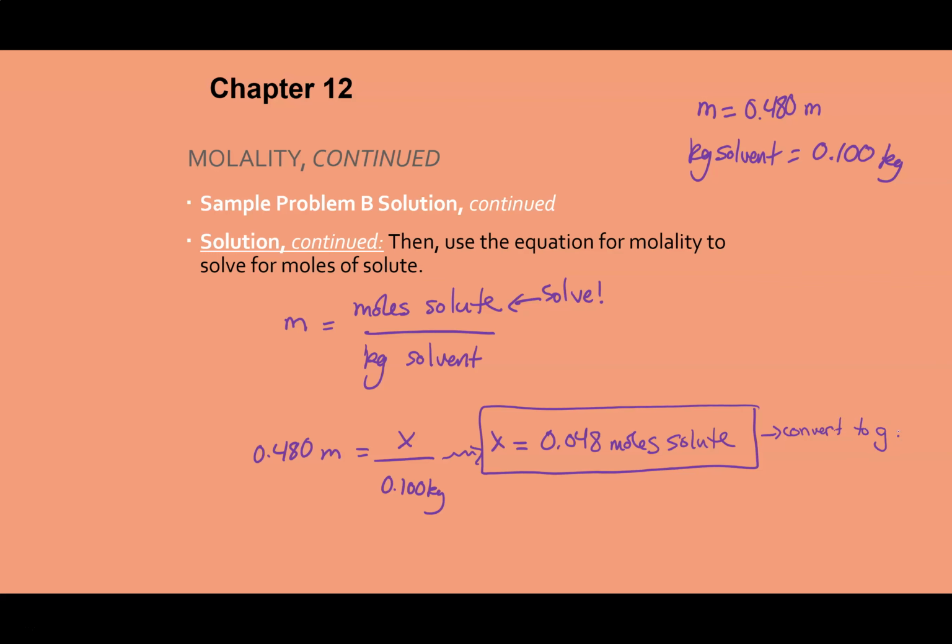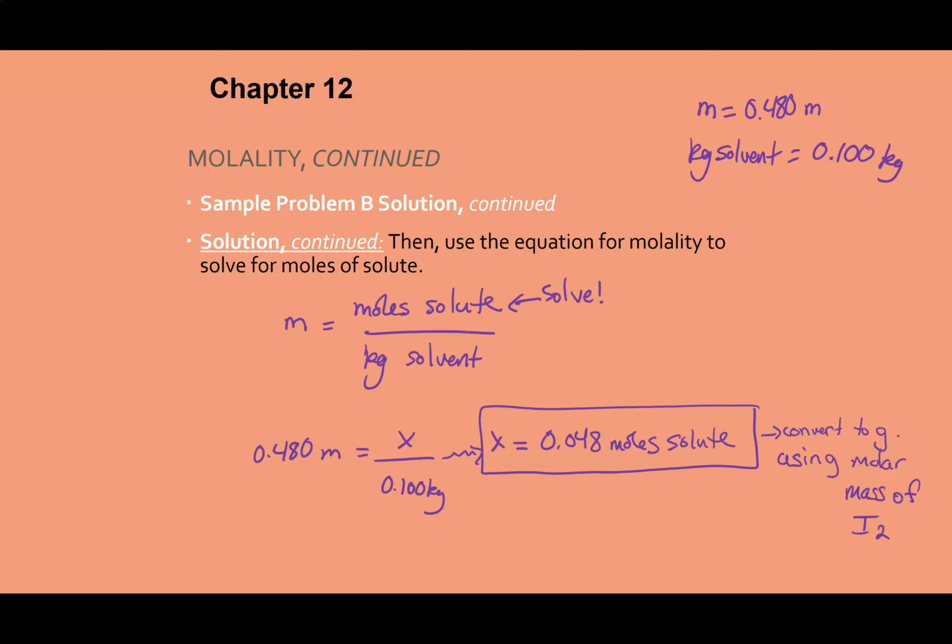And in order to go from moles to grams, what do we use? Hopefully you said it out loud, because I'm not there to encourage you to say it out loud, but we're going to use the molar mass of the solute itself, which in this case was I2.